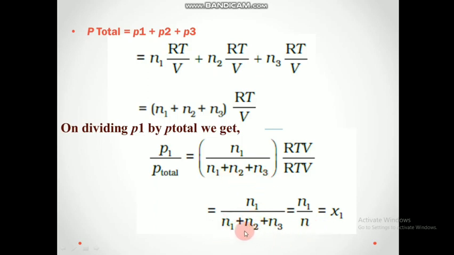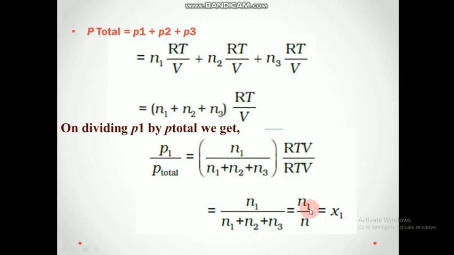And this sum N1 plus N2 plus N3, we can consider to be N. So the total N1 plus N2 plus N3 is equal to N, and hence the equation becomes N1 by N. This is P1 by P total.